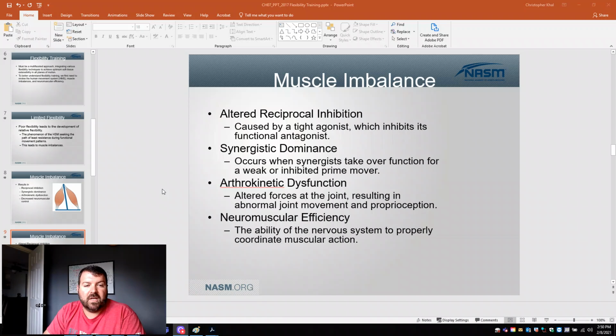Next one is arthrokinetic dysfunction. Altered forces on the joint result in abnormal joint movement and proprioception. A good example of this is baseball, or really every overhead sport, and this is a really common one. Everyone benches or throws, or everything goes forward, whether you're throwing or not.